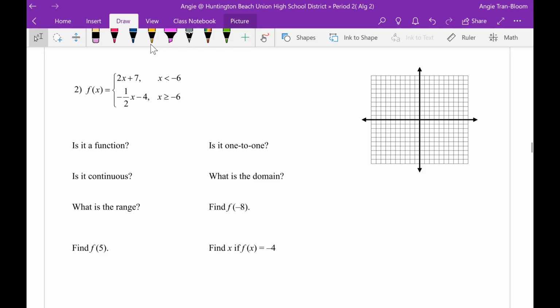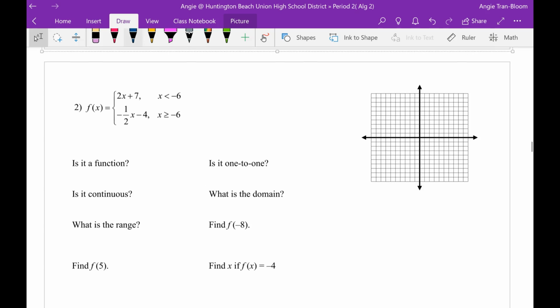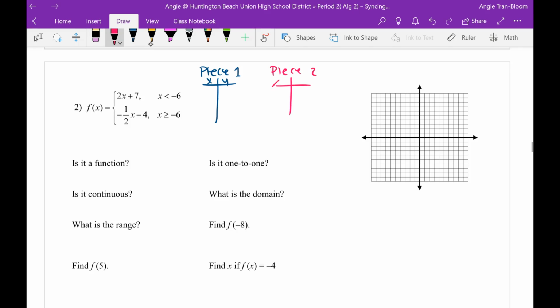All right, let's make a table for piece 1 and piece 2. Now I want your team to decide what's for piece 1. What's our starting point, and is it going to be an open circle or a closed circle?